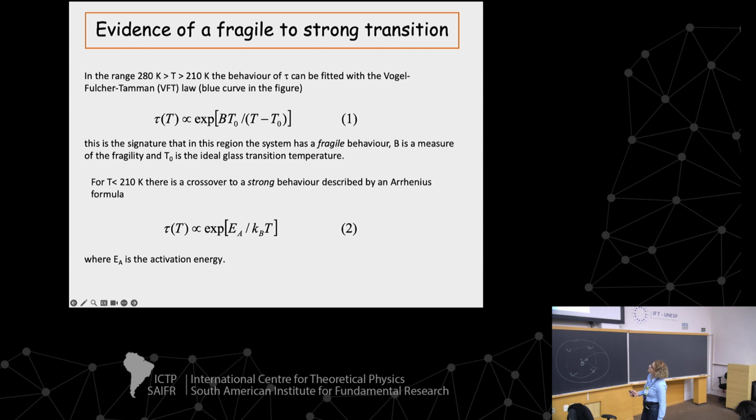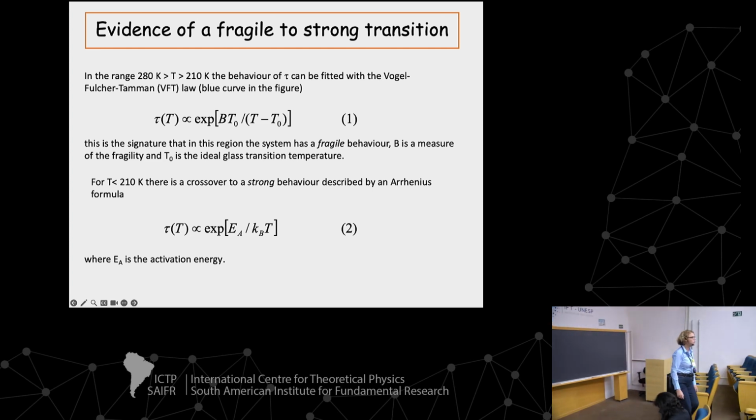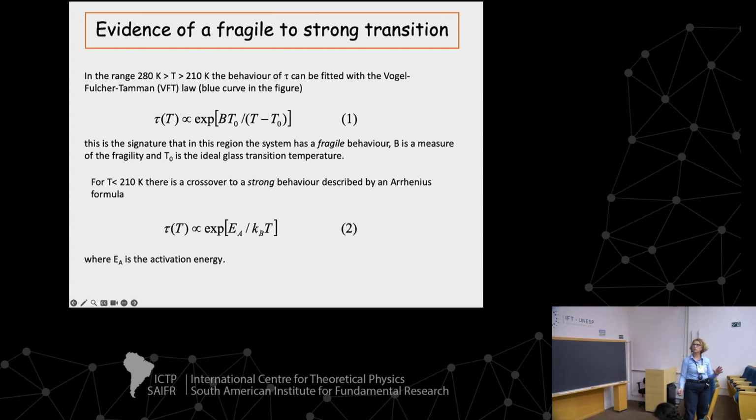In that case we used the Vogel-Fulcher-Tammann just because we were comparing to an experiment in which they were using the Vogel-Fulcher-Tammann, but I remind you that the Vogel-Fulcher-Tammann is equivalent to the power law of the mode coupling. It's only that you extract other phenomenological parameters. So it depends if you want to compare to the experiment.